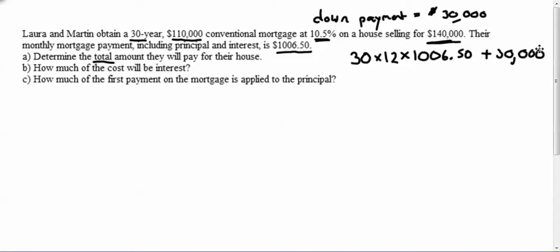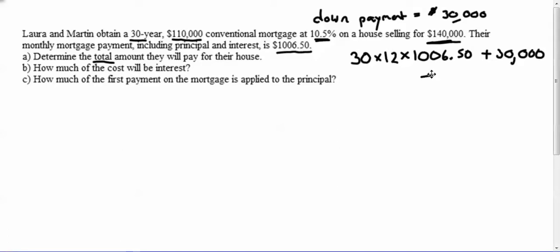So if we multiply that out, I'm getting my calculator out, go 30 times 12. That makes sense. It's 360 payments of $1,006.50. So we want to times the 360 payments times 1,006.5, and we get $362,340 plus the $30,000 they put down up front.